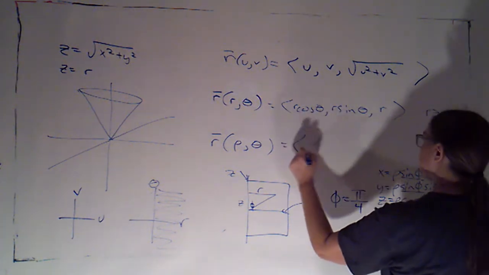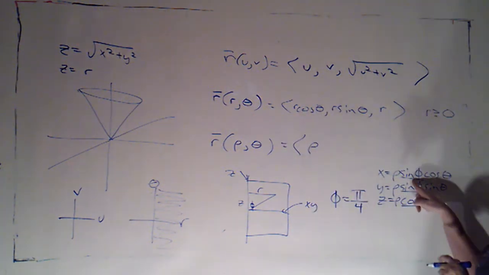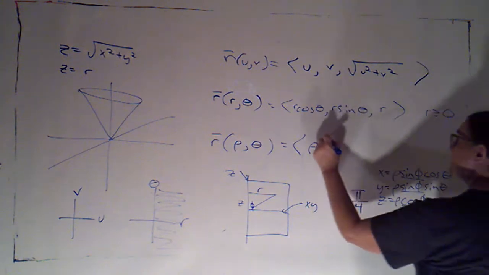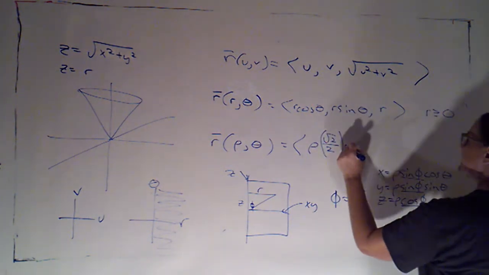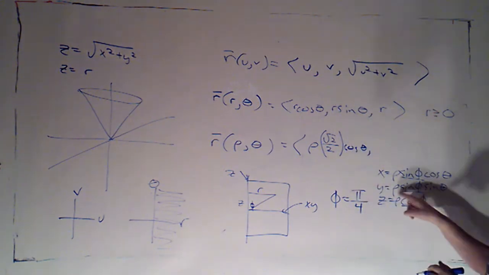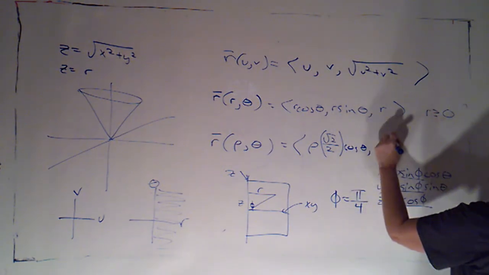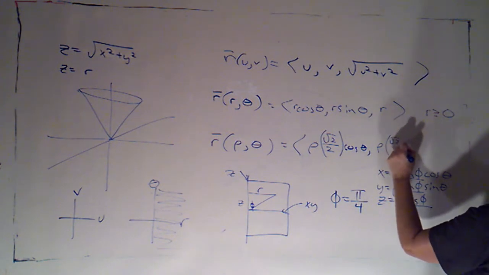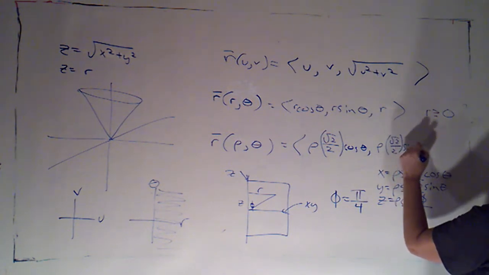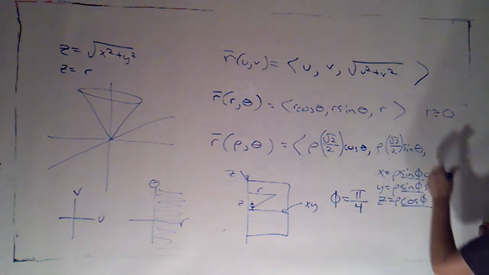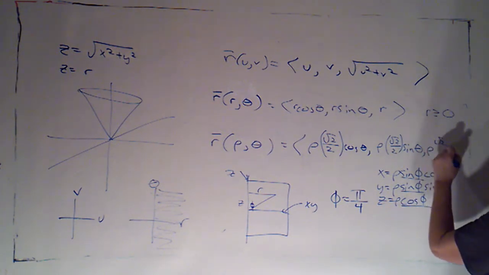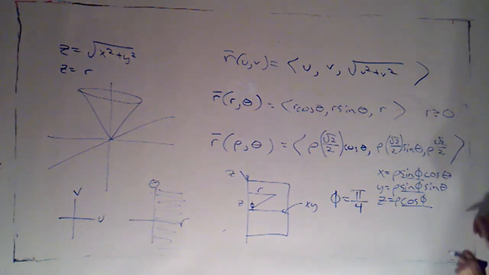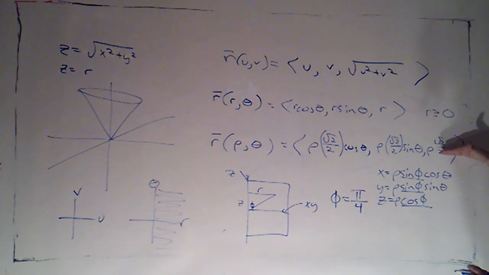So my x value would be rho times sine of phi, sine of pi over 4 is root 2 over 2, times cosine of theta. Y would be rho times root 2 over 2 times sine of theta. And z would be rho cosine of pi over 4, which is root 2 over 2 times rho. So that's 3 different parameterizations of the surface.